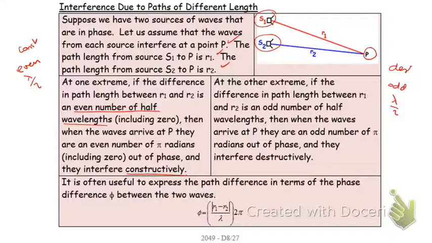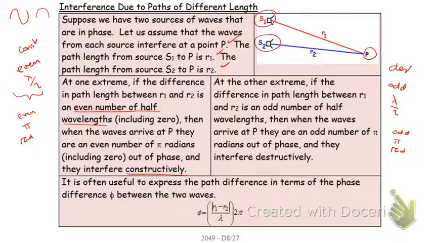On the other hand, you can think about them in terms of phase angles. I can represent half a wave as half a circle. So that could be an even number of pi radians for constructive, and an odd number of pi radians for destructive. I'm saying the same thing.